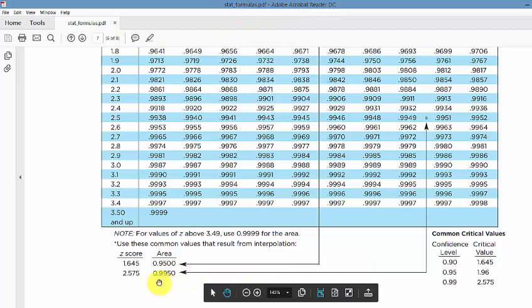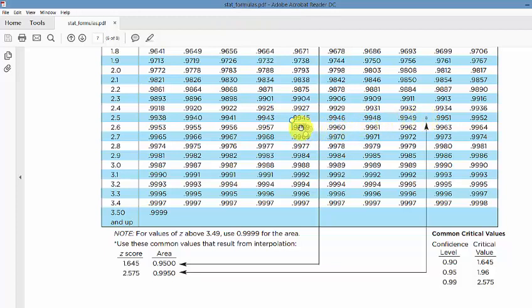If you have an area of 0.9950, then you would use a z-score of 2.575, but only when there's a little star. If there's no little star, you would use either this number or this number, whichever one you're closest to. So just don't forget that.